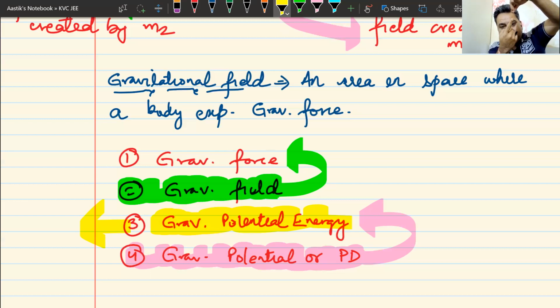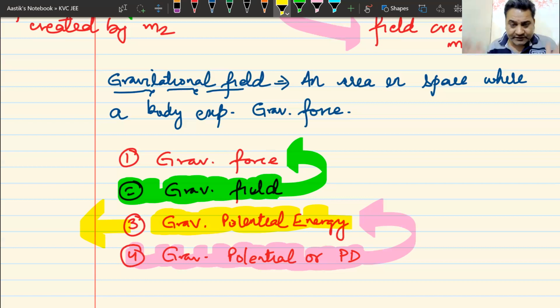Right now it is not experiencing force because there is no block. Earth is creating a gravitational field. This point has potential, but it can do nothing. But if I give it this block, now it has potential energy. Am I clear what I have done here?